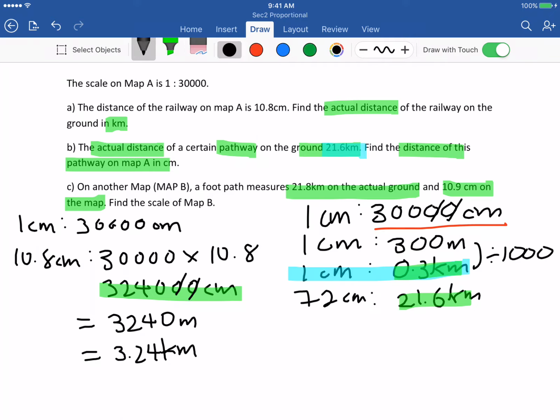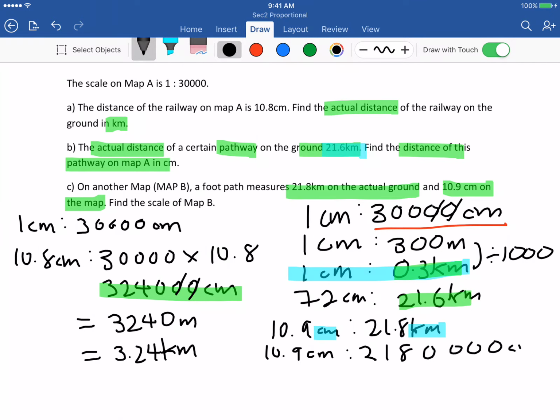So write first 10.9 cm is to 21.8 km. First step, try to make both the same units. So we change them: 10.9 cm is to 21.8 times 100,000, which will give you 2,180,000 cm.